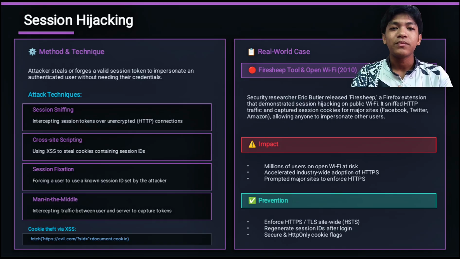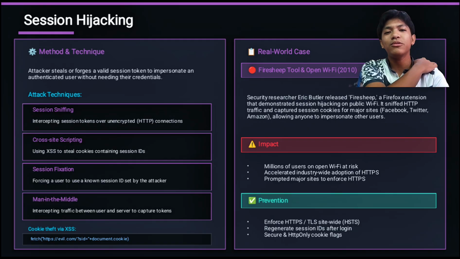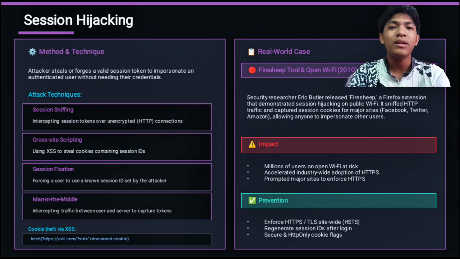Session fixation: the attacker sets the session ID before you log in, so when you authenticate, your session is already known to the attacker. And the most familiar one, the man-in-the-middle: the attacker positions themselves between you and the server and intercepts everything. The code snippet's one line sends the victim's entire cookie string to the attacker's domain.